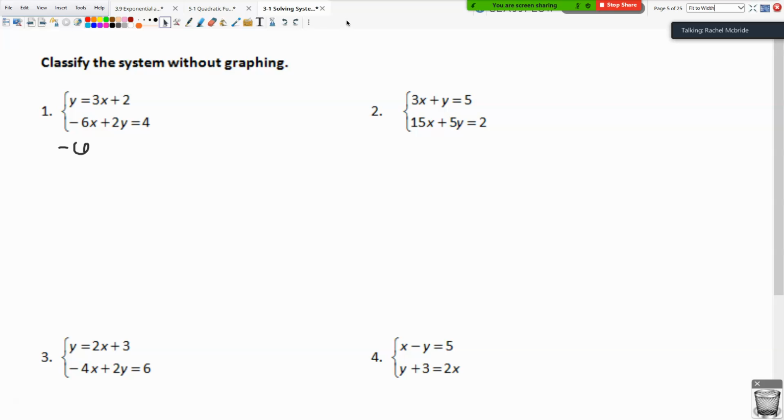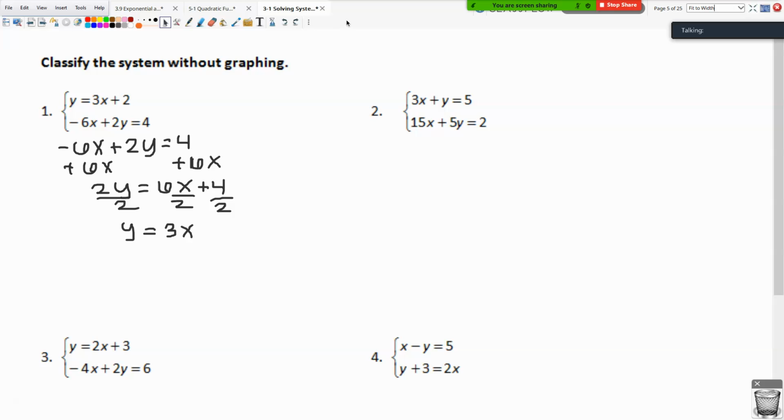You have negative 6x plus 2y equals 4. So you're going to add 6x to both sides and divide by 2. So when I simplify equation 2, I get y equals 3x plus 2.